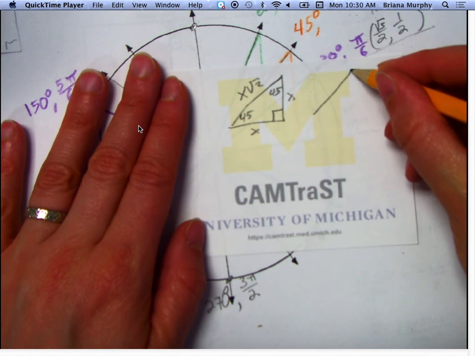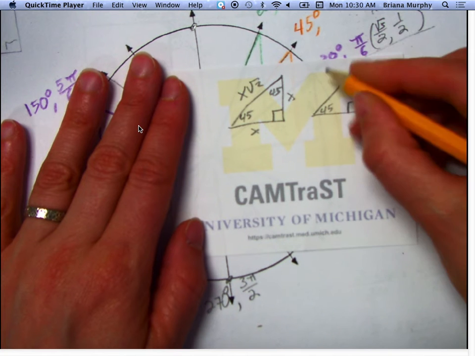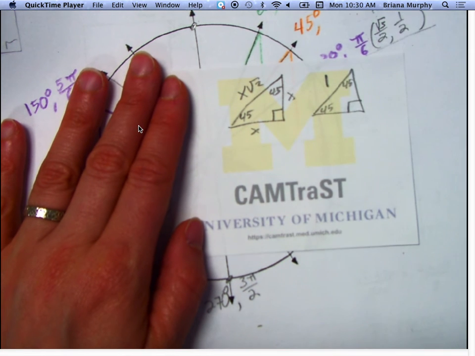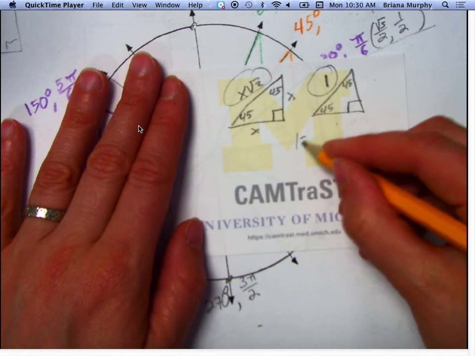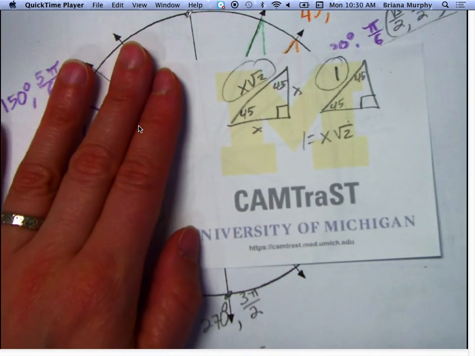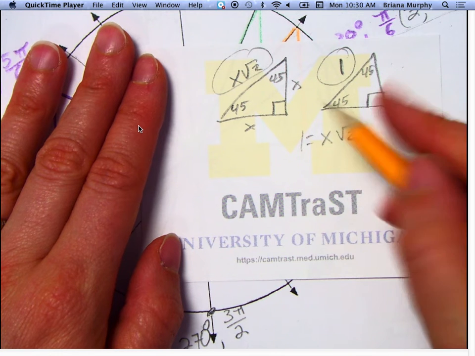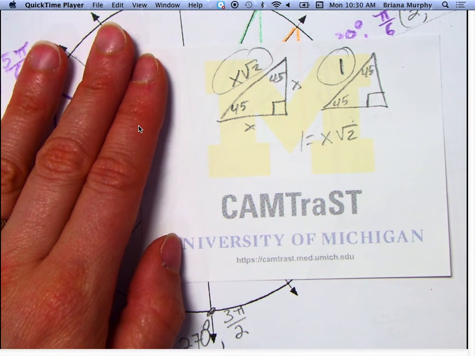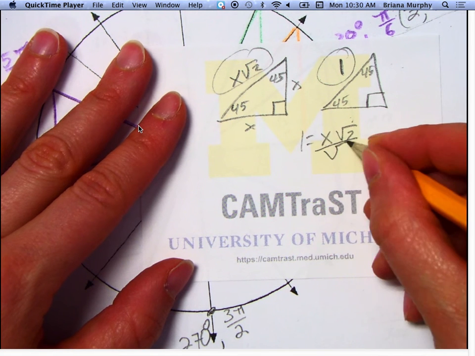So we are replacing our unit circle and saying this is 1. How am I going to figure out the two lengths of my special right triangle? 1 equals this, correct? How do I get rid of that square root 2 so I just have x all by itself? X is being multiplied by the square root of 2. What's the opposite of multiplication? Division. I divide both sides by the square root of 2.